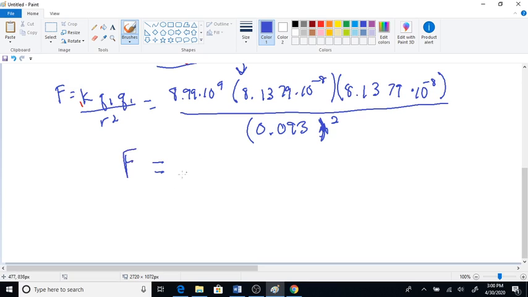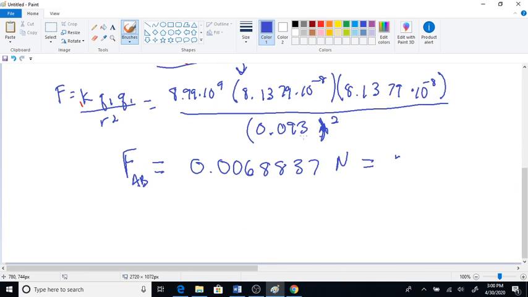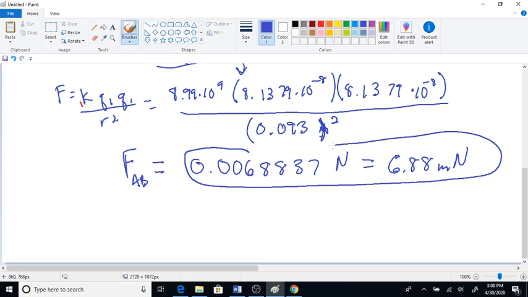Well, when we fill in here, the force AB is equal to, and then the answer converts to millinewtons, and if you saw up above, it is 6.88 millinewtons. I inputted the answer like this, but either one is acceptable, and you're good.